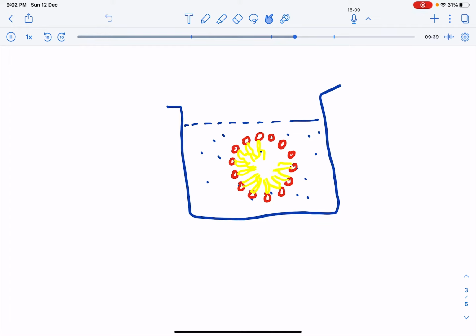This is a spherical shape, and this spherical shape is known as a micelle.